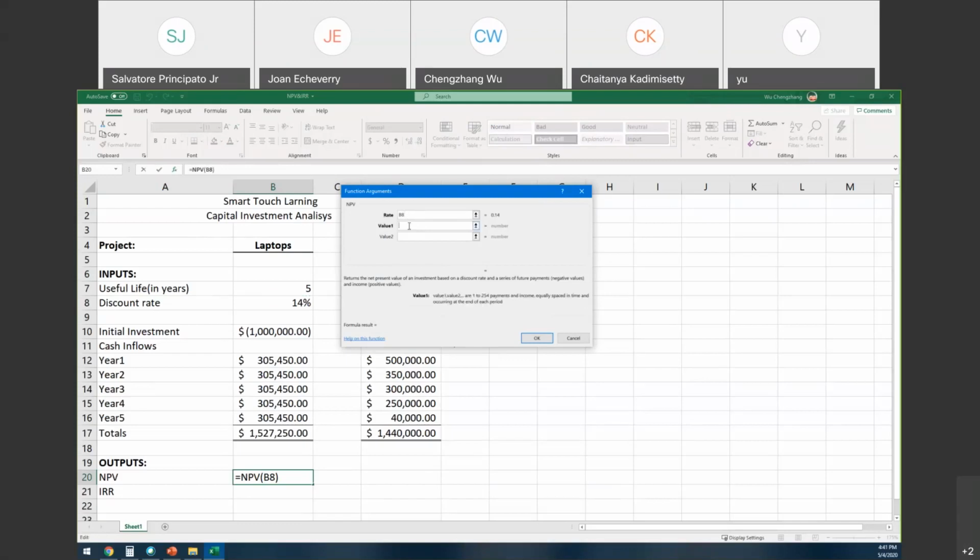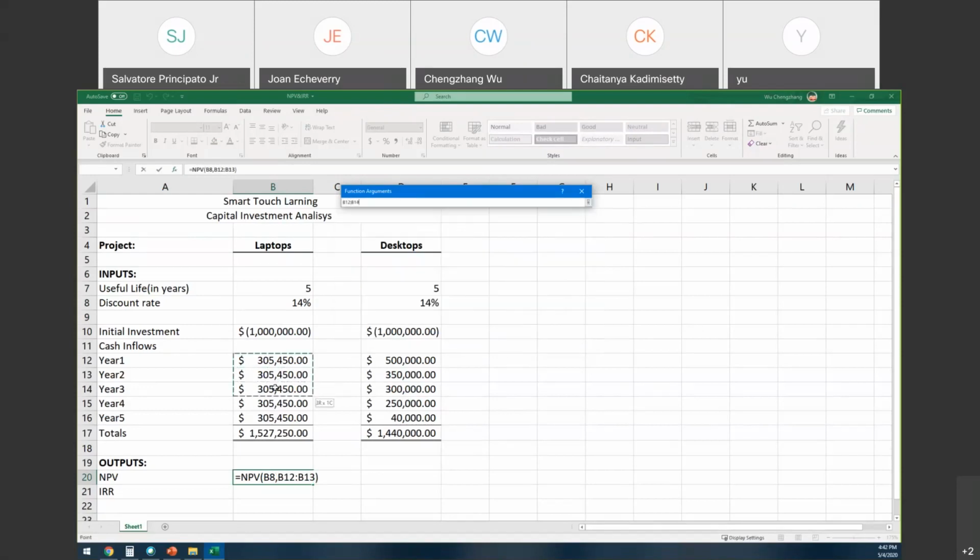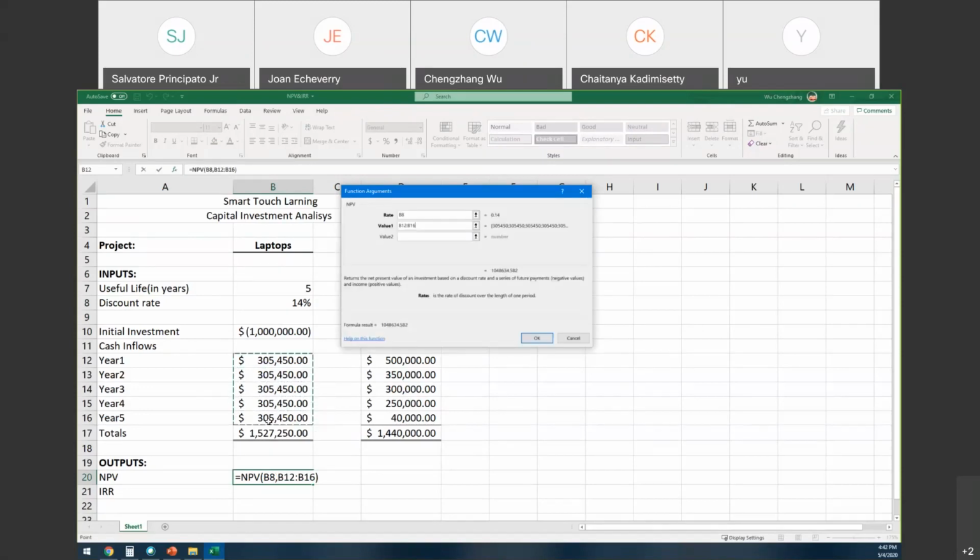And value, in this example, must be the estimated cash inflow in each different period. So this data can be found from B12 to B16.